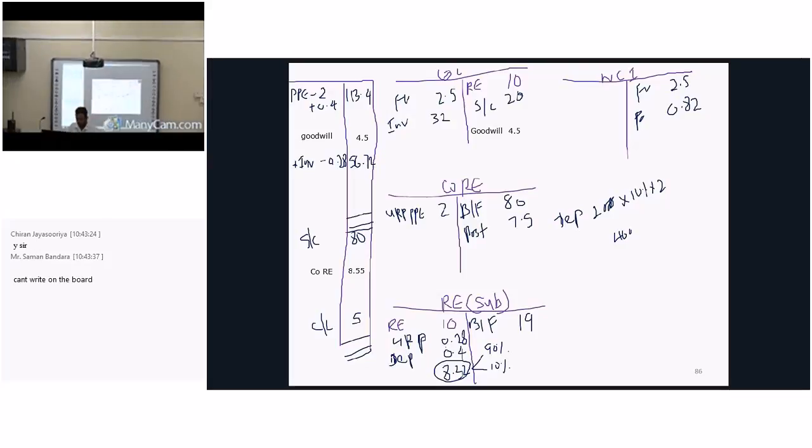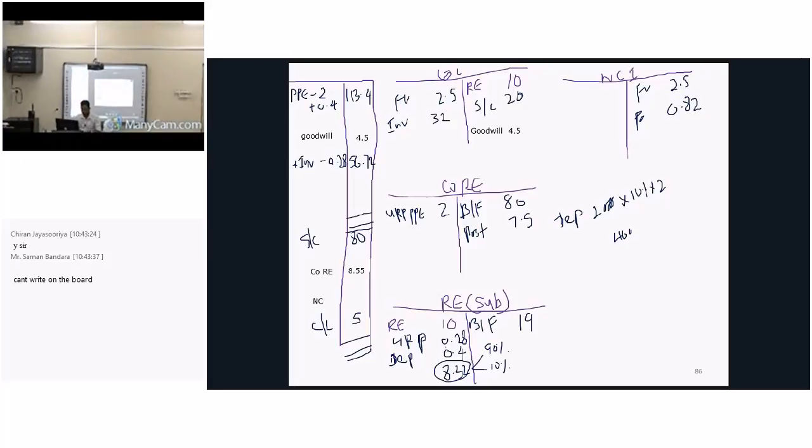And NCI, 3.32. Finally, this should be balanced.